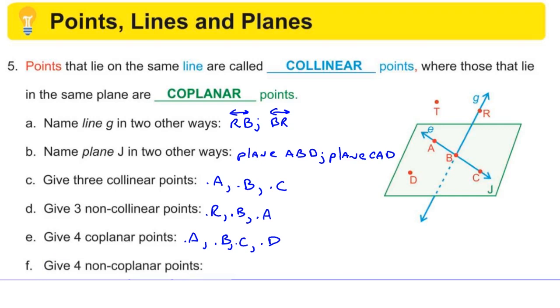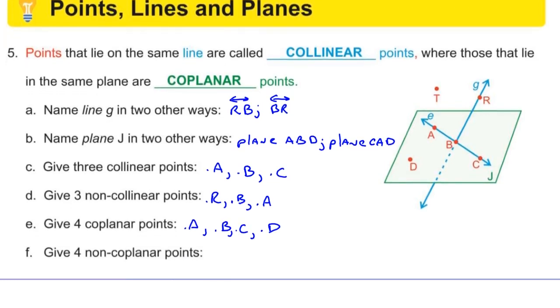All right, how about F? How about 4 non-coplanar points? Okay, to do non-coplanar points, you always want to pick 3 points in a plane and 1 point that's not. So hang with me on this one. I'm going to choose 3 points that are in the plane.